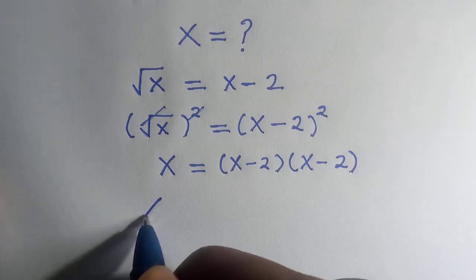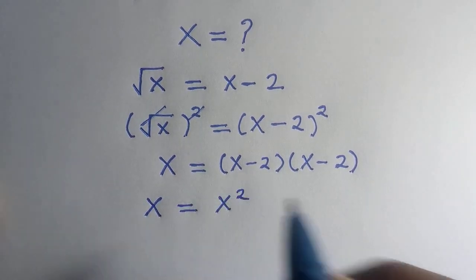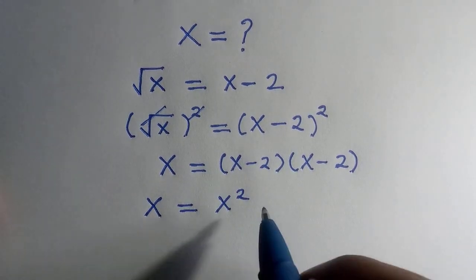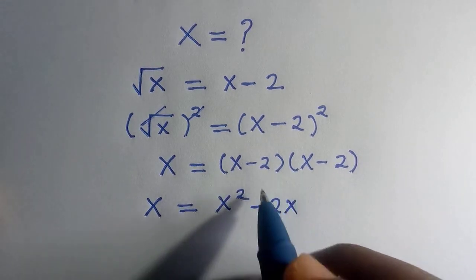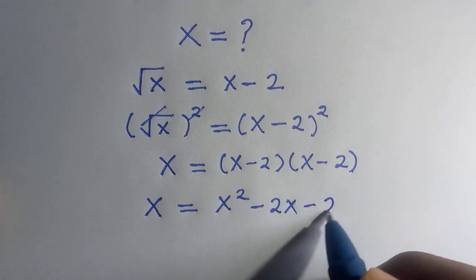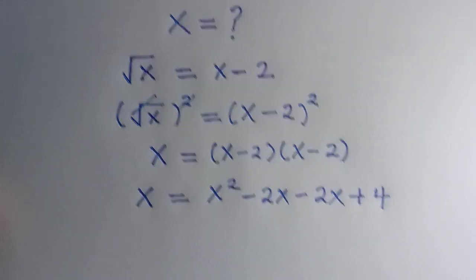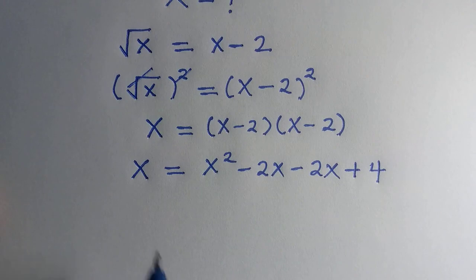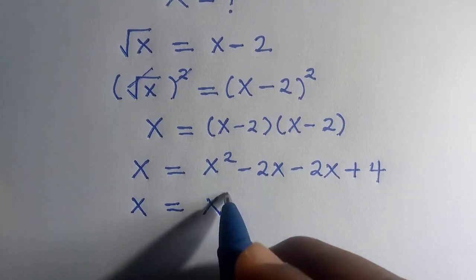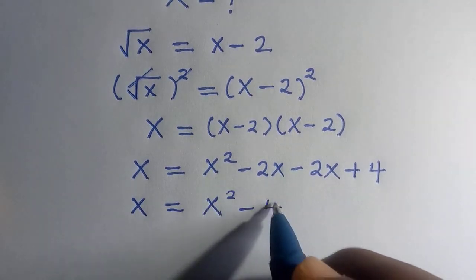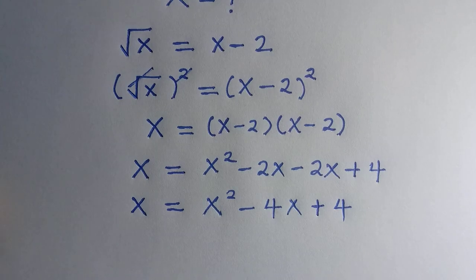So here we have x equals x times x is x squared, and x times minus 2 is minus 2x, minus 2 times x is minus 2x, and minus 2 times minus 2 is plus 4. Next we have x equals x squared minus 4x plus 4.